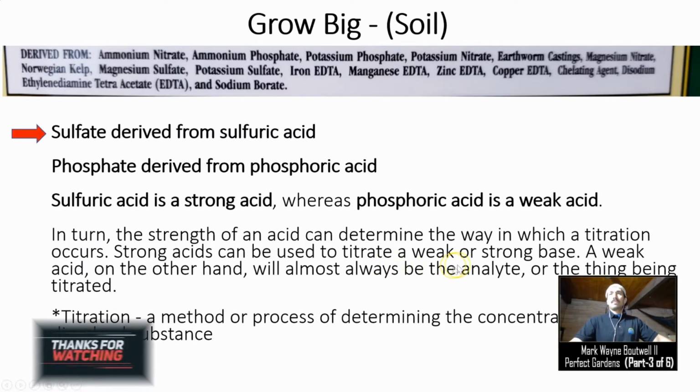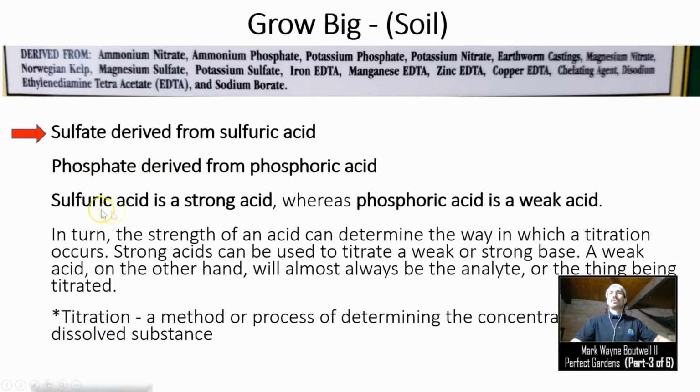Okay, this is something I really wanted to point out to you guys. Sulfate derived from sulfuric acid versus phosphate derived from phosphoric acid. So sulfuric acid is a strong acid, whereas phosphoric acid is a weak acid. So they're using a weak acid to derive these other chemicals over here, versus using sulfuric acid, which is a much stronger acid.